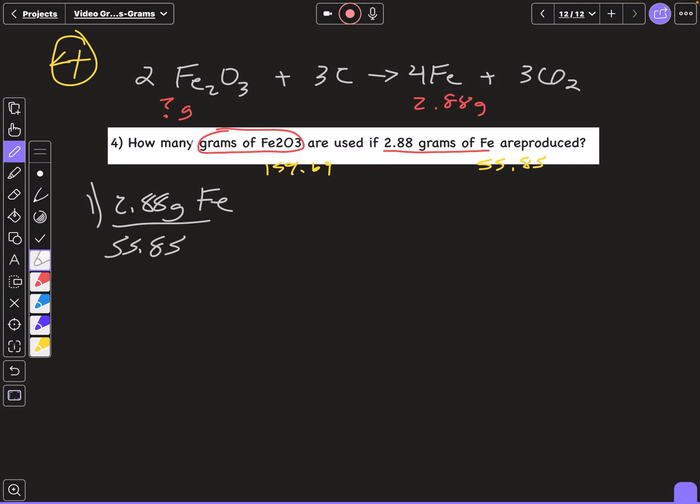Again, I do not use this coefficient right here when I'm converting grams to moles. That's only used in step 2, going from moles of Fe to moles of Fe2O3. I do not multiply my molar mass by 4. That is wrong. I just use the molar mass for Fe.